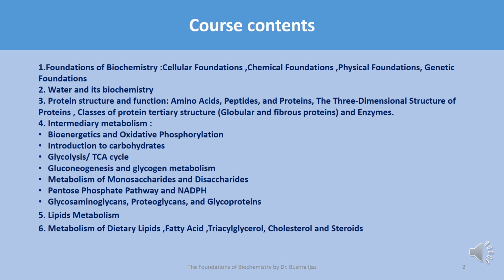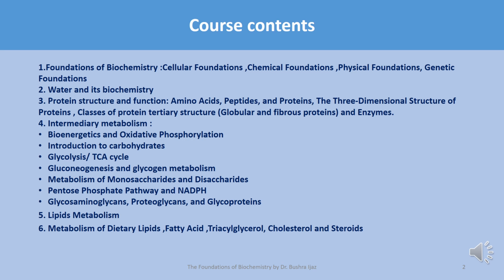We're going to look at glycolysis, TCA cycle, gluconeogenesis, and glycogen metabolism, along with the metabolism of mono and disaccharides. We will also look at the pentose phosphate pathway and the production of NADPH. We are going to study the chemistry of ATP, NADP, FAD, and NADPH molecules in particular.